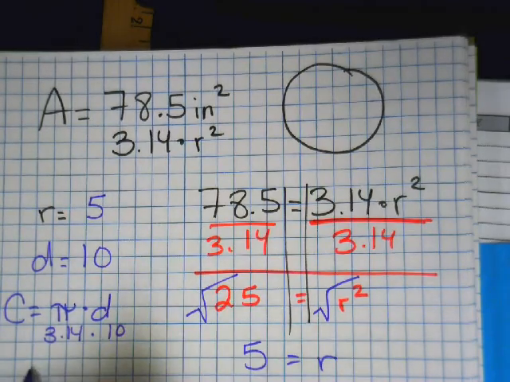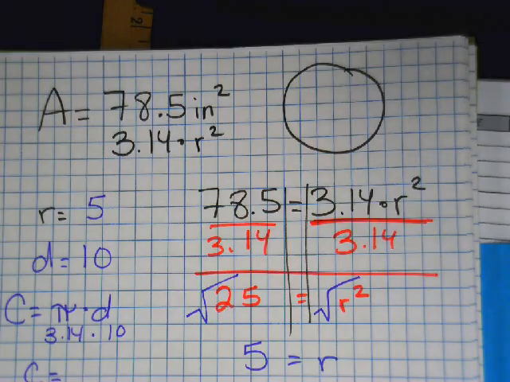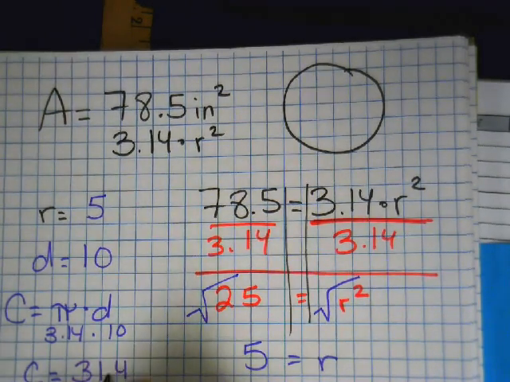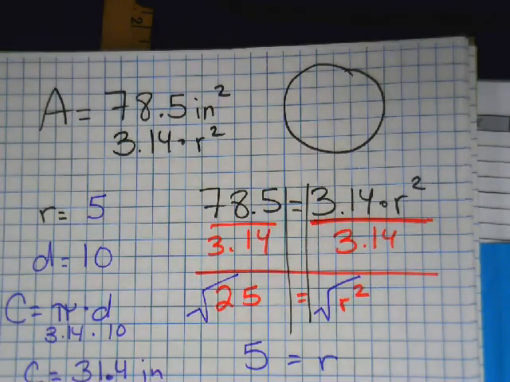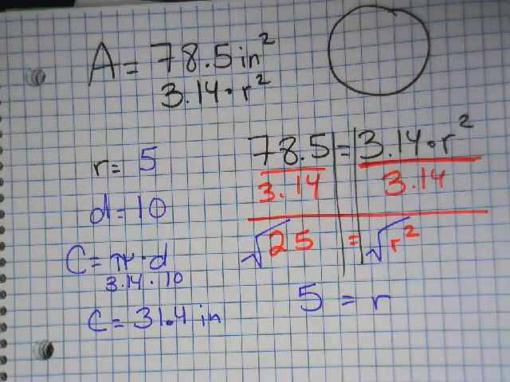All right, now you should be able to do it. What's 3.14 times 10? Yes. Inches. So, given one, can you do the other one? Yes.